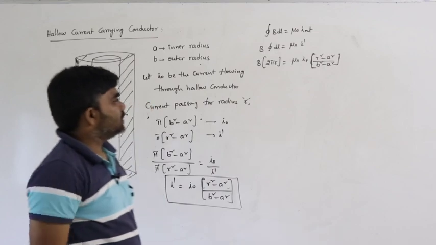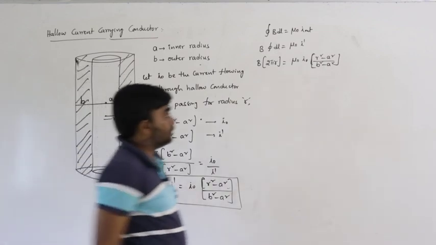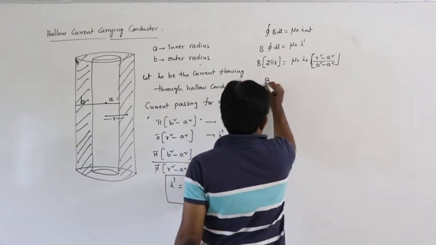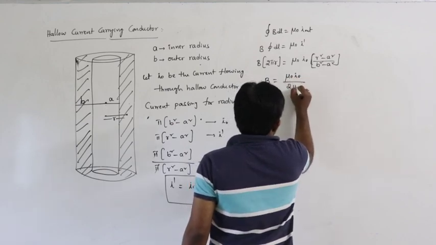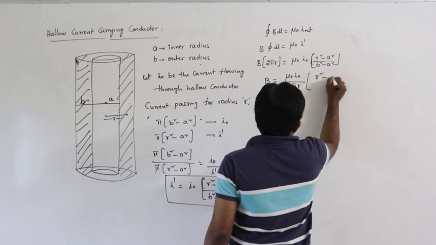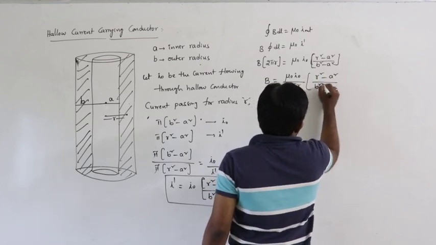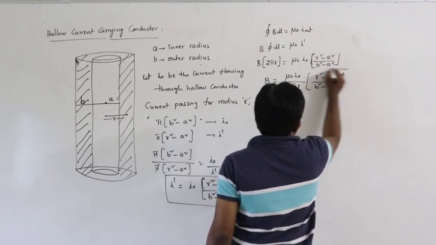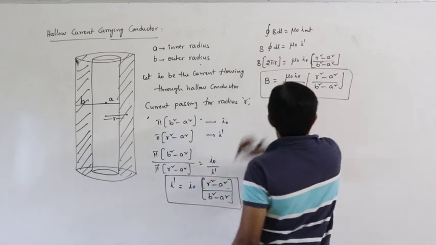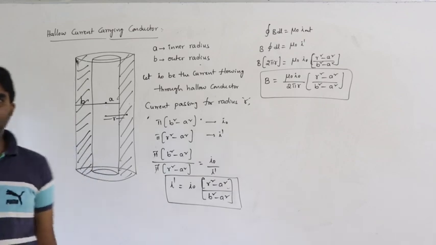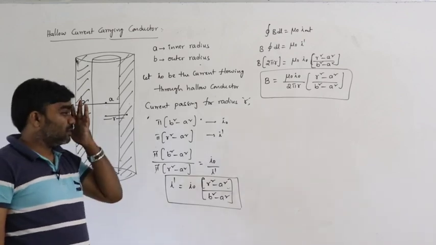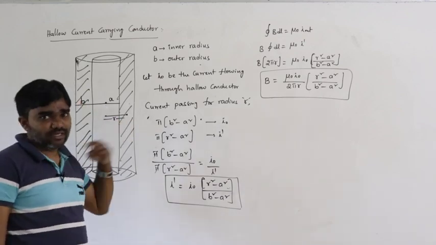So from this we can write B equals mu naught I naught by 2 pi r into r square minus a square by b square minus a square. This is the magnetic field at a distance small r from the center.